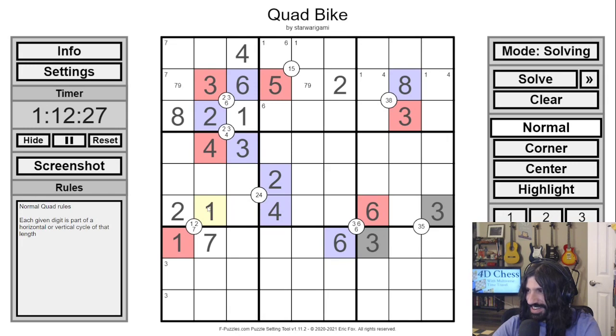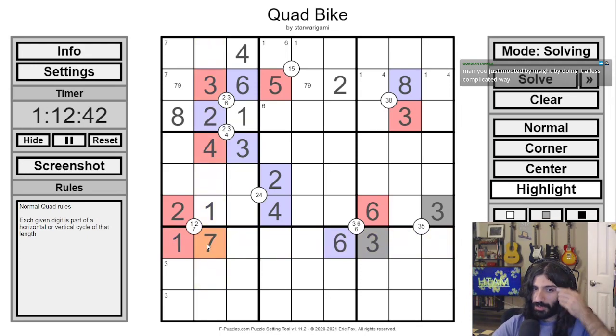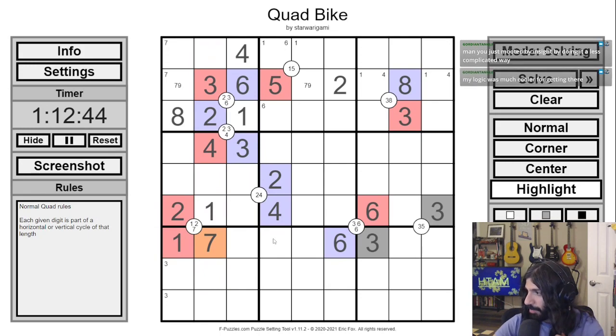So this is the not given one, if I've solved this correctly, and this has to be part of a horizontal 2 cycle. Anyway, this has to be part of a horizontal 7 cycle, because it can't be part of a vertical 7 cycle because it points to itself. I mean, you just mooted my insight by doing it a less complicated way. All right, sorry, David.